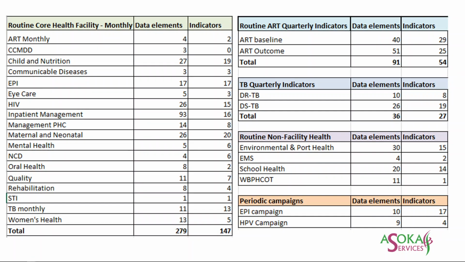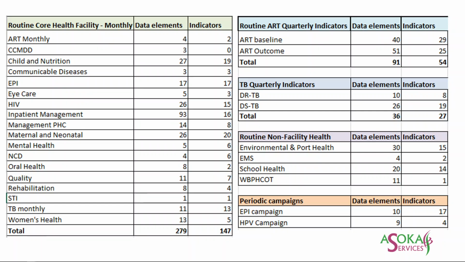This shows the data elements and indicators that the national indicator data set for 2020 has. You will notice that if you look on your left, the data elements and indicators are recorded into groups like your ART monthly, your CCMDD, your child and nutrition.